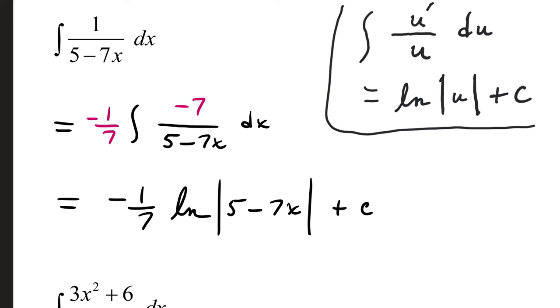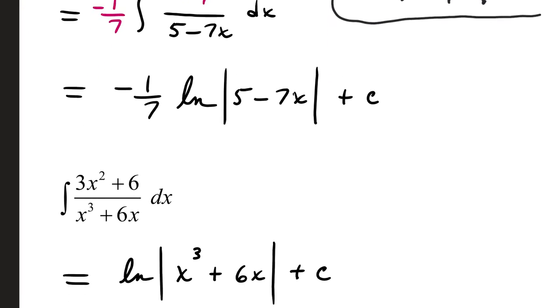Now, if by chance you get a denominator that can't be negative or 0, like say this is x squared plus 3, then when you put x squared plus 3, you don't necessarily have to have the absolute value. It's just smart to use the absolute value to cover yourself.